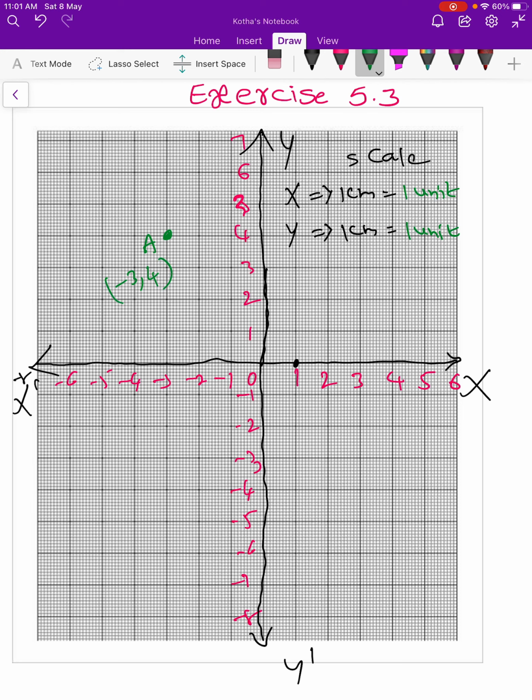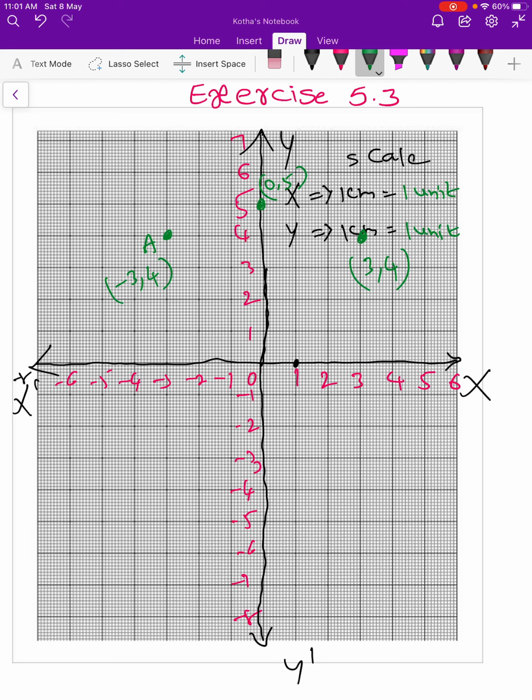Next, here we have one more point that is on the y-axis, that too positive, so the x coordinate will become 0. So this point will become 0 comma 5. Next, one more point is here. This point will become 3 comma 4.